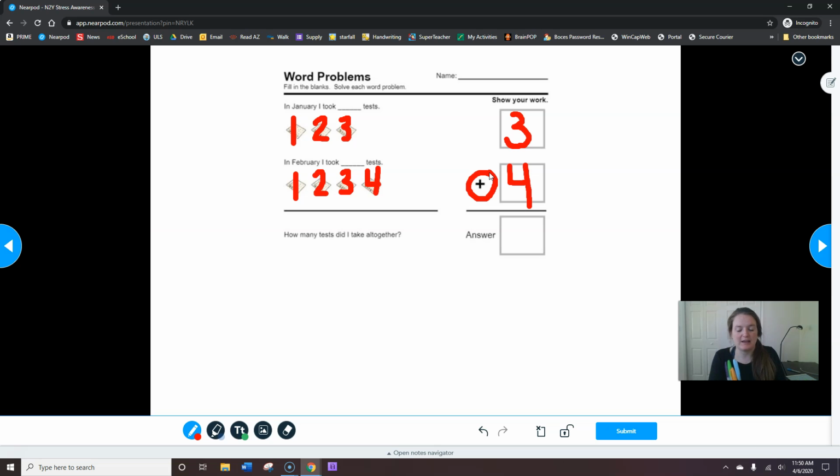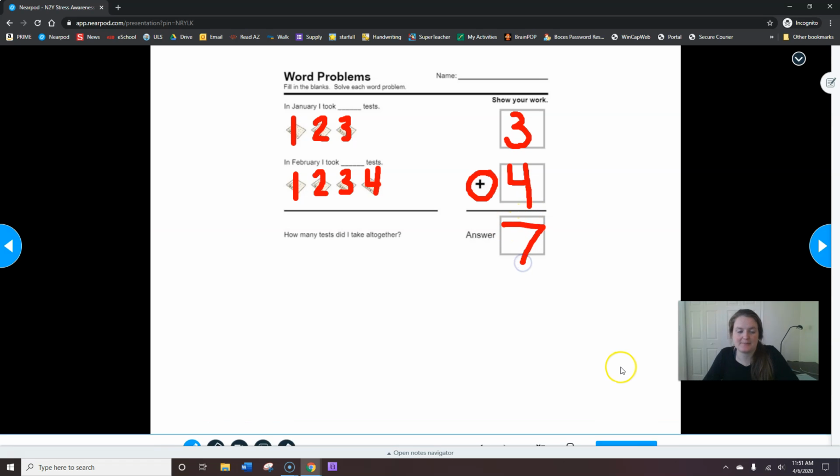In my other hand, I have 4 markers. 1, 2, 3, 4. When I put them together, and then I count, I have 1, 2, 3, 4, 5, 6, 7. So 3 plus 4 is equal to 7.